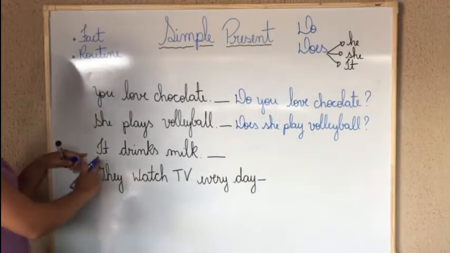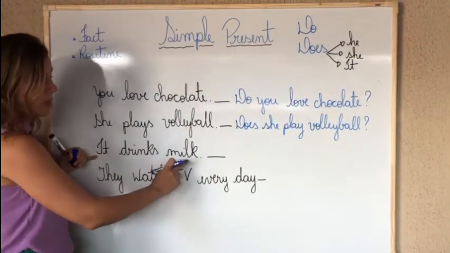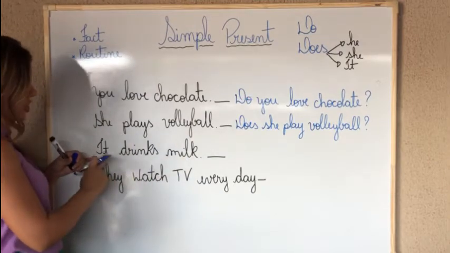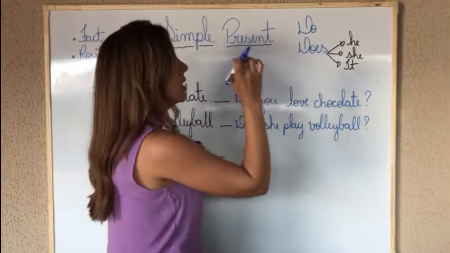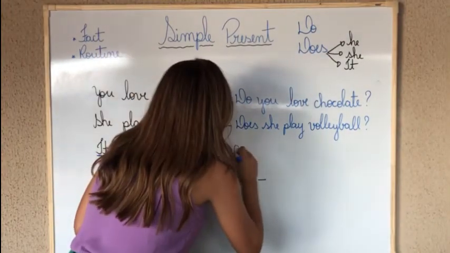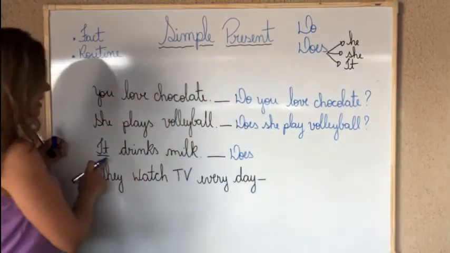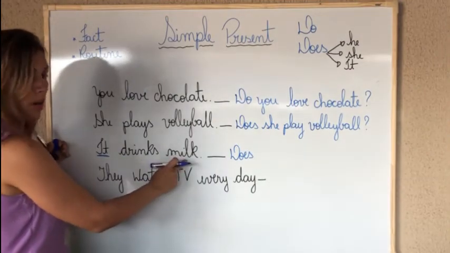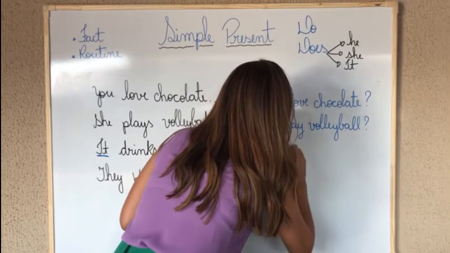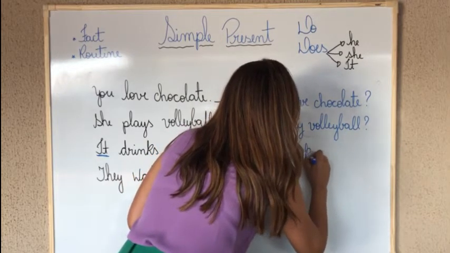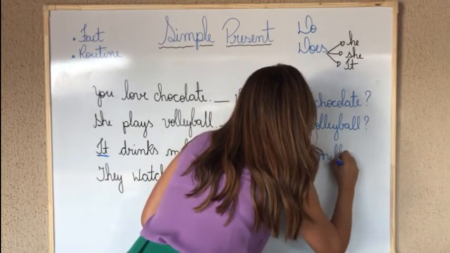Next one. It drinks milk. To ask a question for it, I use the auxiliary verb does. Does it drink milk, with no s? Great.